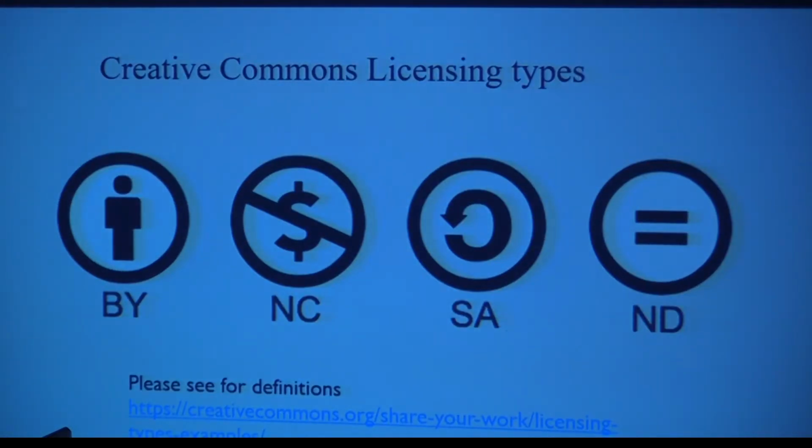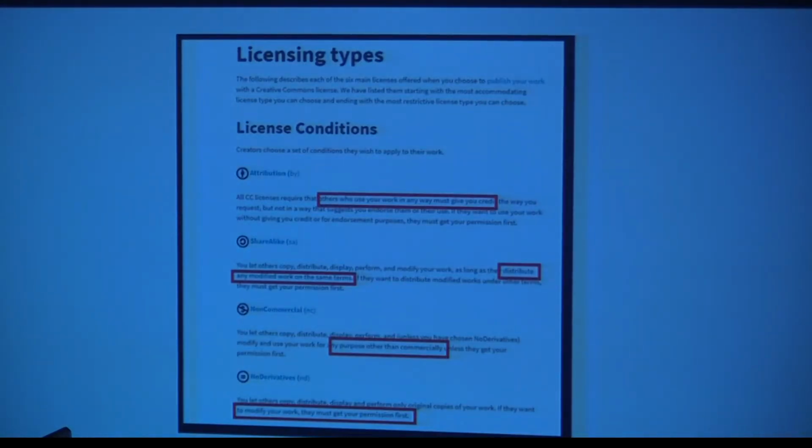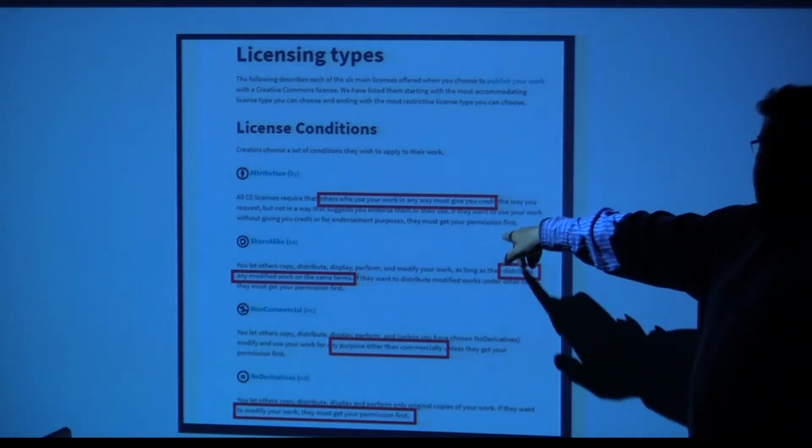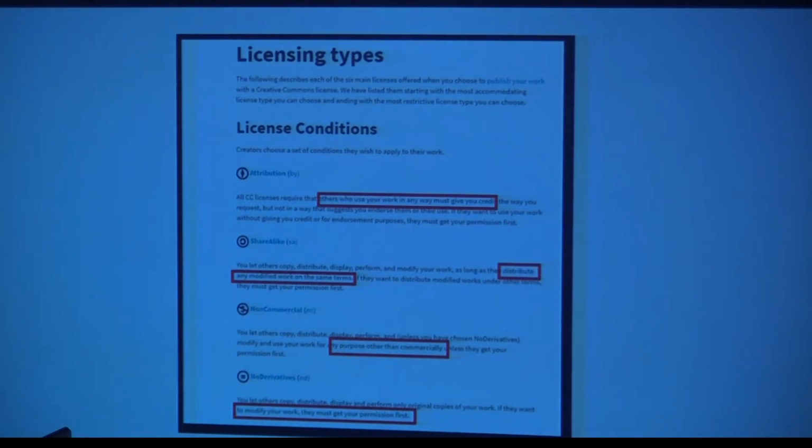Okay, so we have the different licensing types, and those are the symbols for them. In the PowerPoint, I've highlighted what exactly these things mean. Attribution means that you have to give credit for the work.